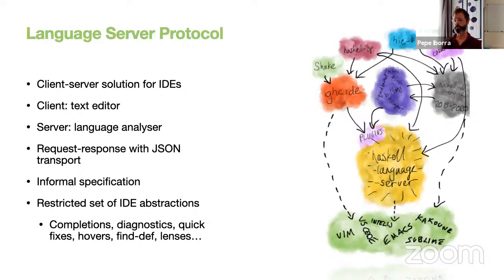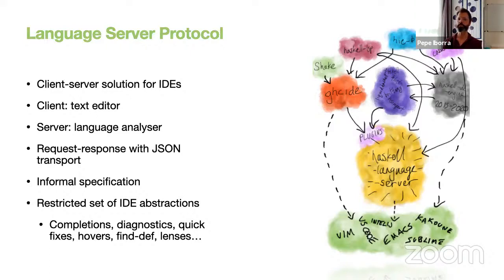The spec covers only the messages. It doesn't tell you how to implement the client or how to implement the server. I think people have managed to work with this basic spec quite happily.